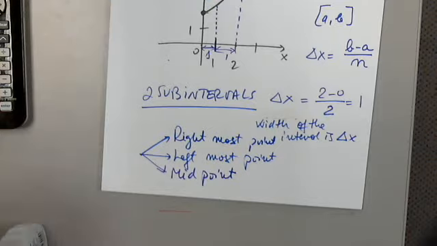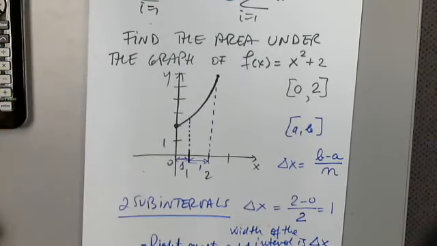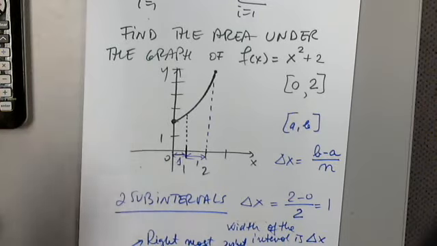Okay. What does that mean? The rightmost point of the interval. So we will create rectangles. How many rectangles? 2, because we only have 2 subintervals.